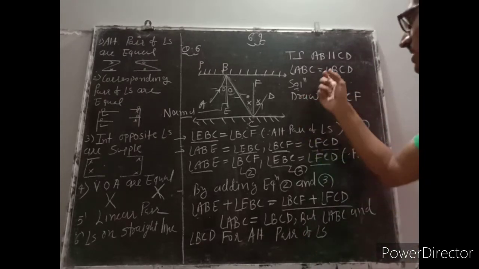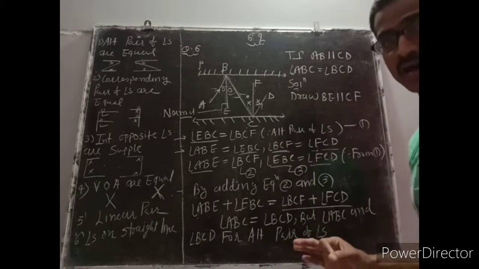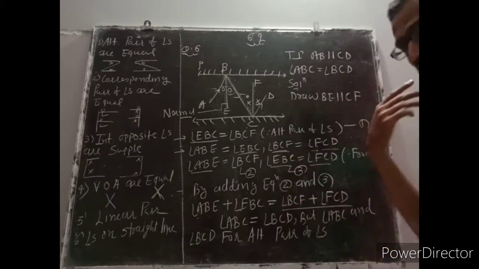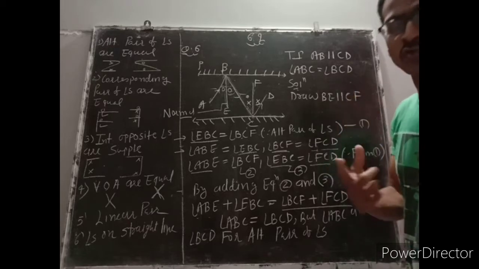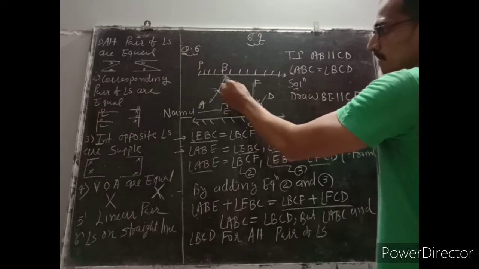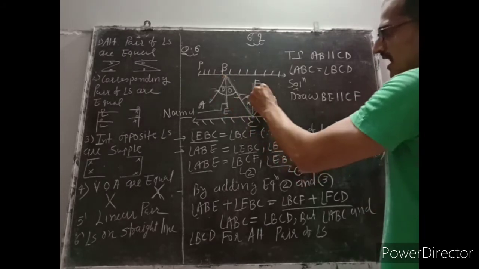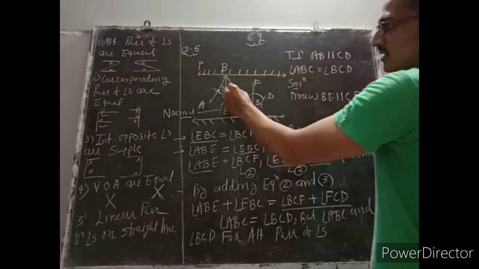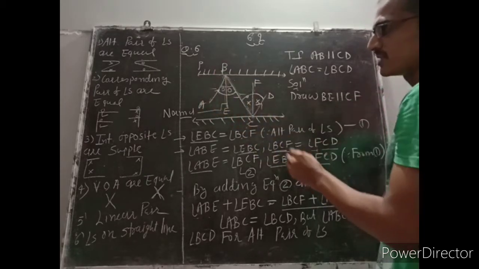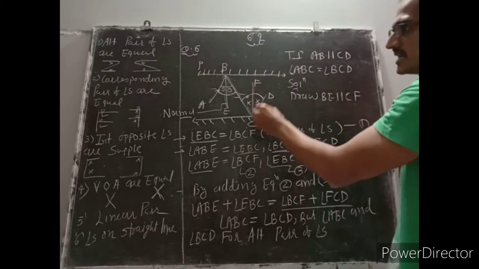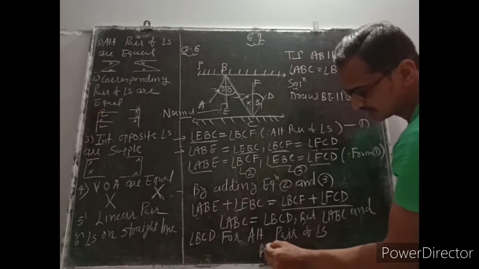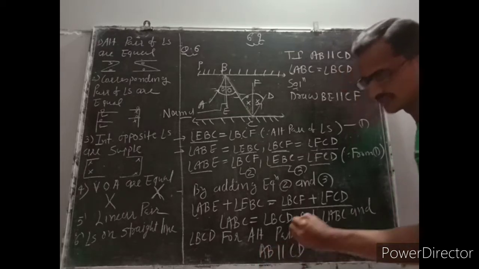Look, we have proved the alternate angles equal here. Whenever you prove alternate angles equal, the two lines on which they form are parallel. So this whole angle and this whole angle: this angle forms on this line AB and this angle forms on this line CD, and BC is a transversal line, that means AB parallel CD.